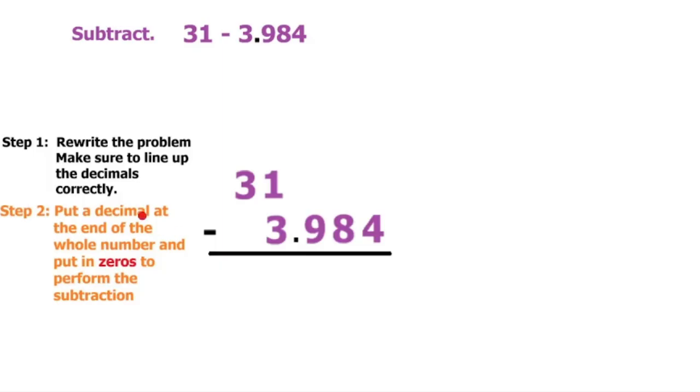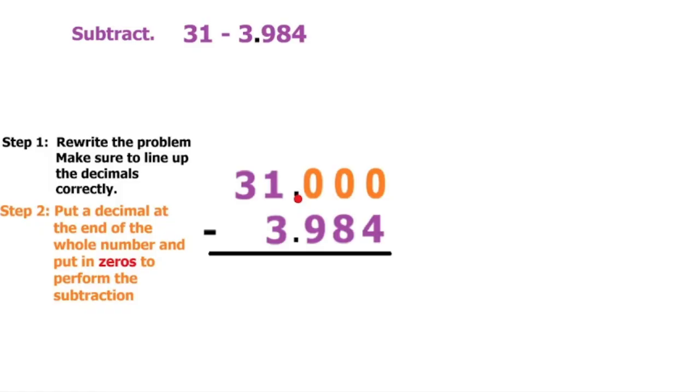Put a decimal at the end of the whole number and put in zeros to perform the subtraction. It looks like this. Doing this does not change the value of the whole number. The value of 0 is nothing, so adding trailing zeros behind it, as long as you put the decimal there, will not change its value. Okay?